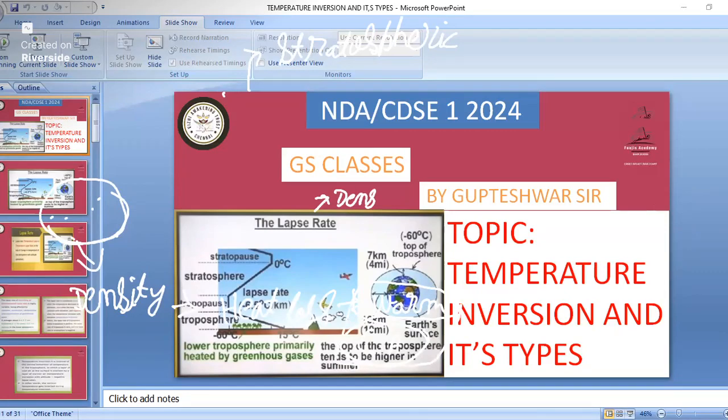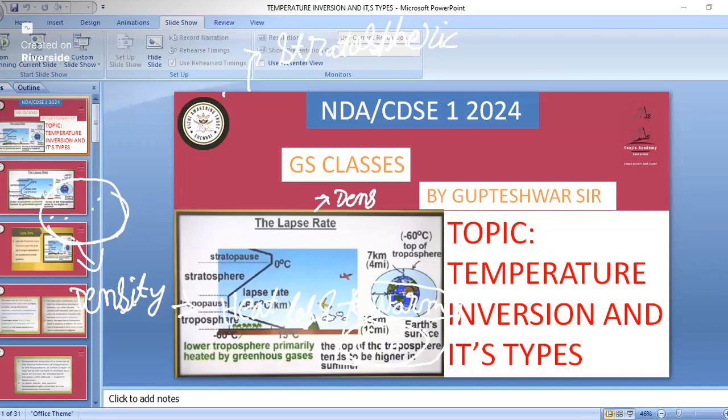So this phenomenon, taking place without anything on our surface, is known as the mechanical inversion. This mechanical inversion is also known as the subsidence inversion, so remember this also. This upper air inversion takes place mostly, see, all inversion takes place in the winter time only.